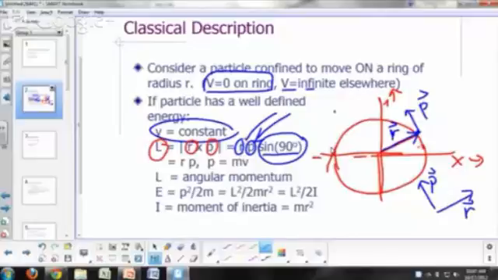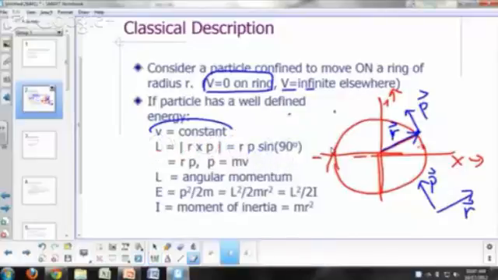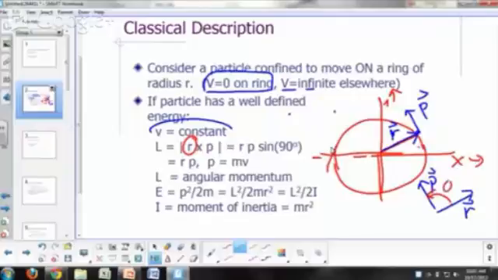Imagine lining up your fingers with the direction of the first vector, and then curl the fingers of your right hand towards the direction of the other vector. Okay, so that's how to measure the angle between them. From r, I'm going to measure the angle from r to p. So if I want r cross p, the angle theta I want is the angle that I have to measure going from the direction of r towards the direction of p.